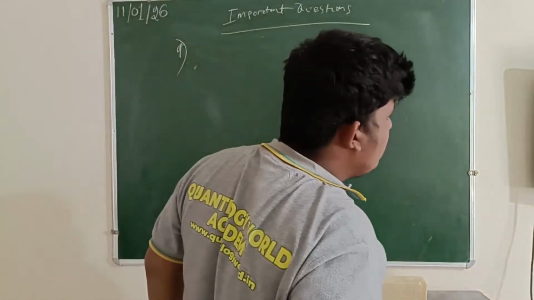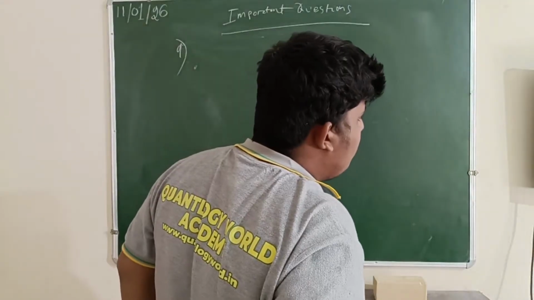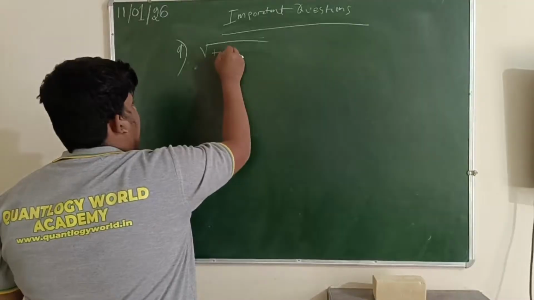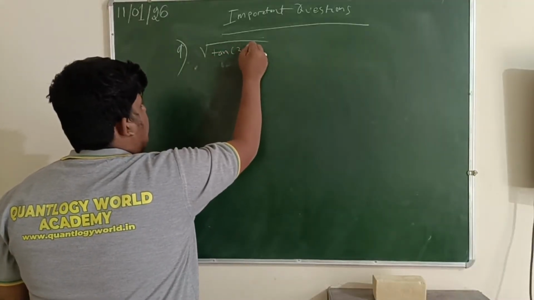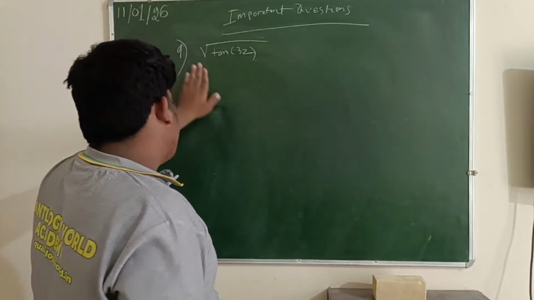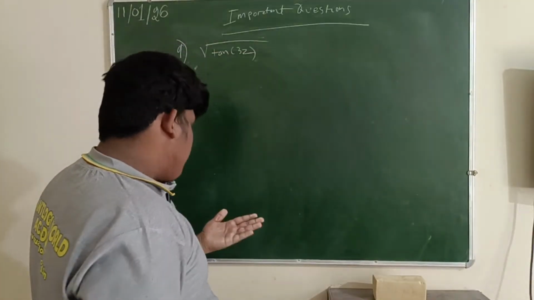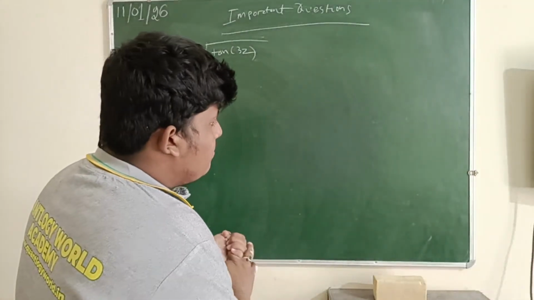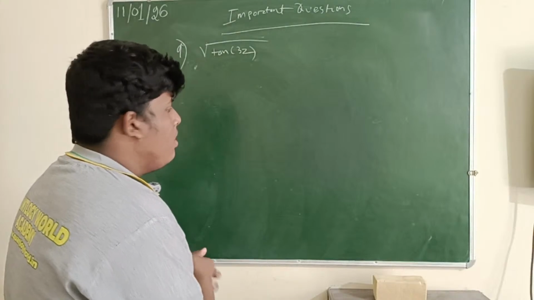Next we'll move to the 9th question, that is root over of tan 3z. In derivatives also, trigonometric functions have their own derivative formulas. So this question we will also find very easily. So let's do it.